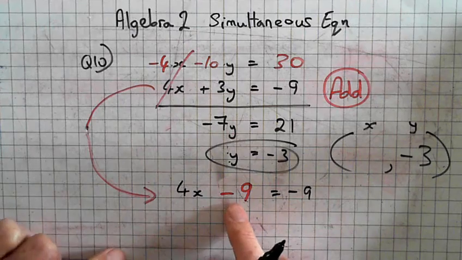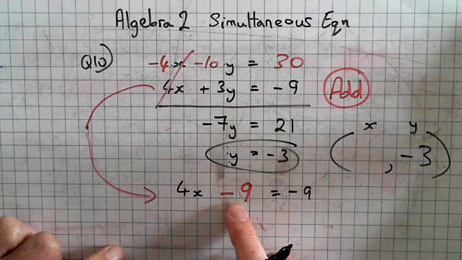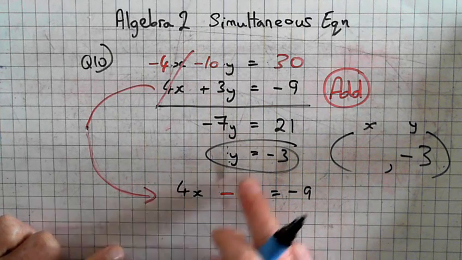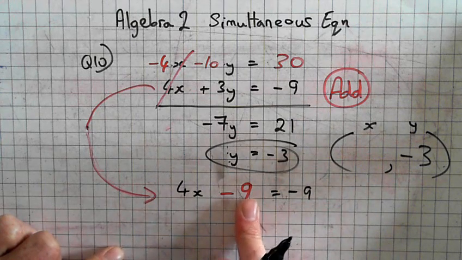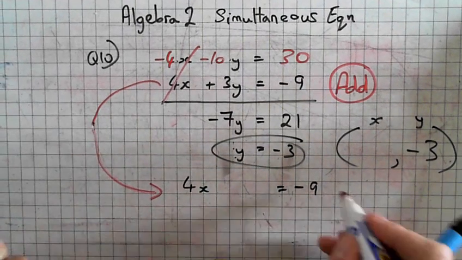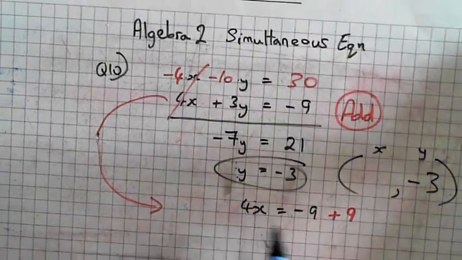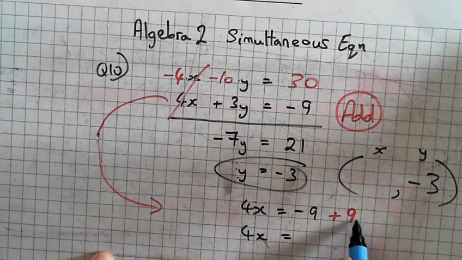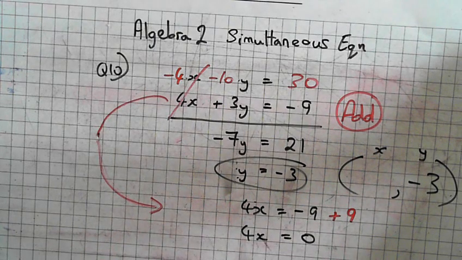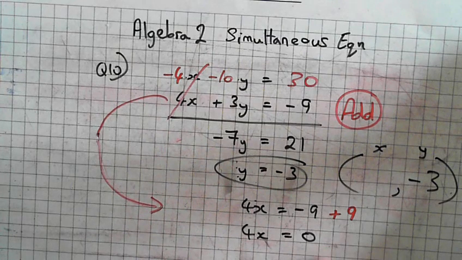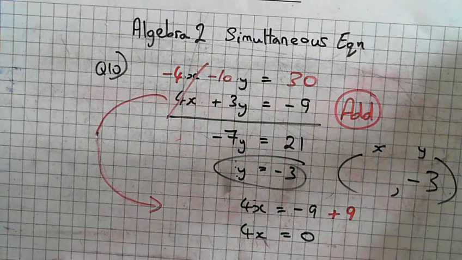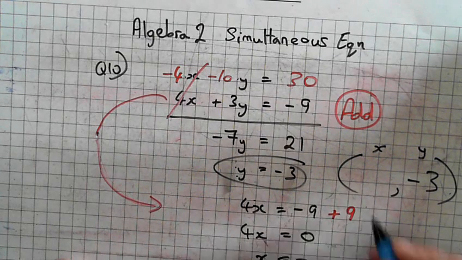What do I need to do with this minus 9? Bring it across. When I bring it across, it becomes plus. So 4x is equal to 0. 4 times what number is equal to 0? 4 times 1 is 4, 4 times 2 is 8. 4 times 0 is equal to 0. So x is equal to 0.